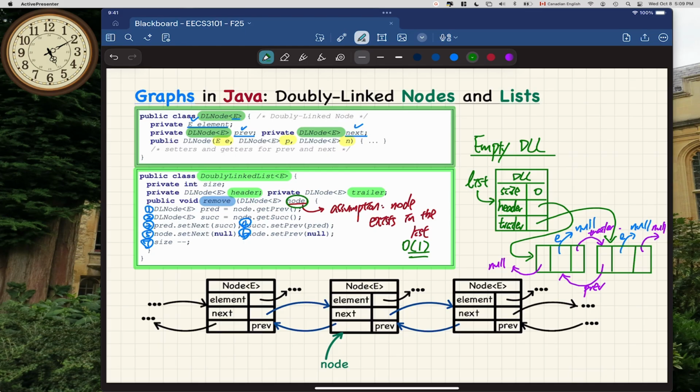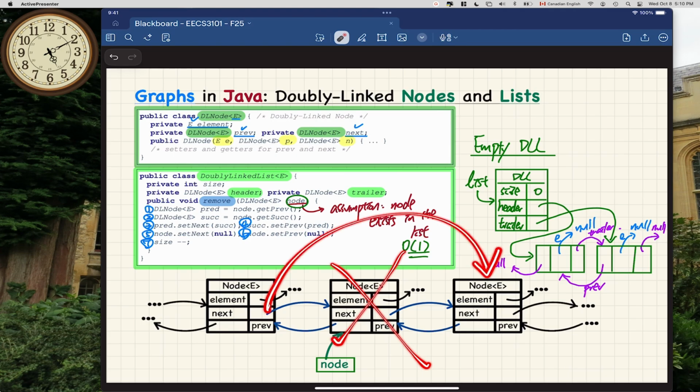So the goal is, I want to remove this particular node from the list. But how do I do that? Conceptually, you simply just want to make sure its predecessor is going to point to its successor. So this one here is completely garbage collected. That's what we want to set up. But let's see exactly how to do that. There'll be certain steps you got to follow. Let's go one by one.